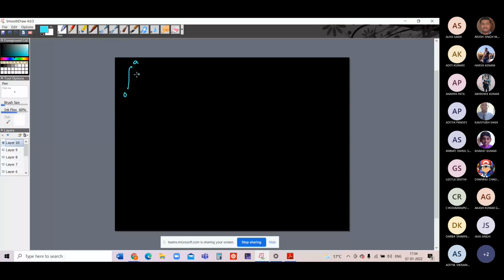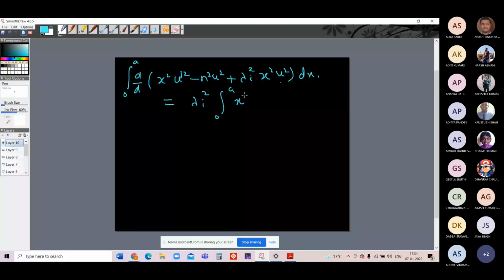Integrating d by dx of x square u dash square minus n square u square plus lambda_i square x square u square dx, and on the right hand side it is 2 lambda_i square integral from 0 to a of x u square dx.